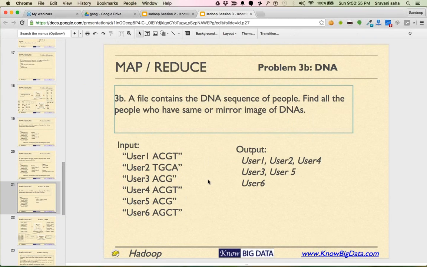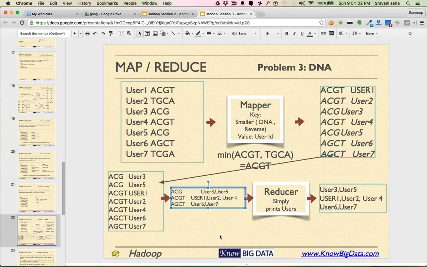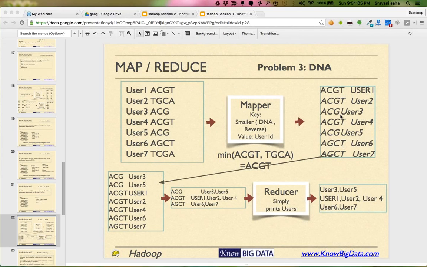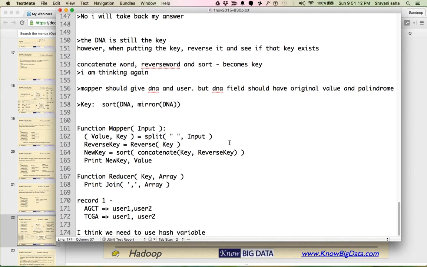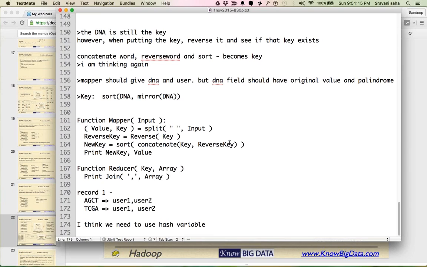All right. Some of you have answered it really well. Pawan is saying we need to use a hash variable. If you use a hash variable, then that will become a memory hog.